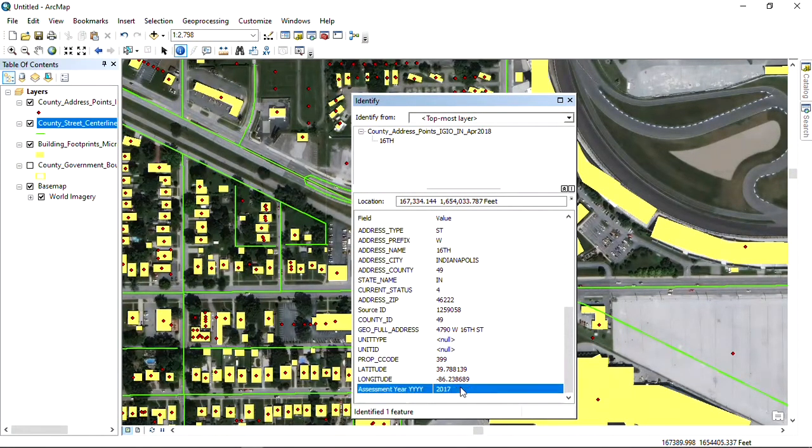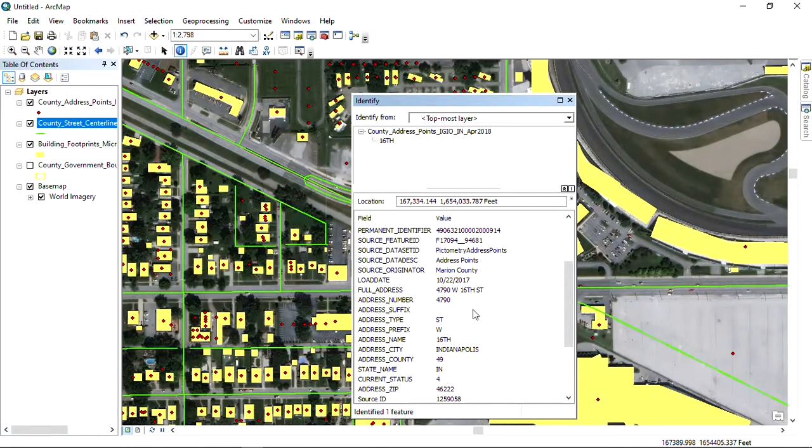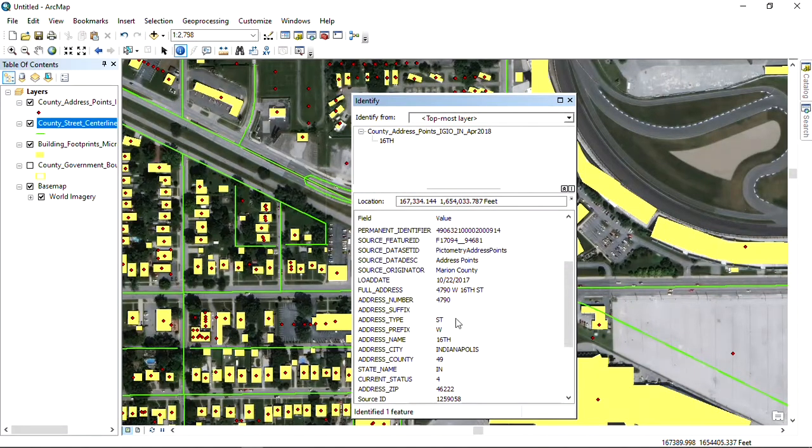So we can see the assessment year. That's descriptive information, not spatial, telling us when the assessment year was for this particular entity. Then we have other things. We've got Marion County. I realize that's kind of geographic, but really it's arbitrary. I mean, it's Marion County.